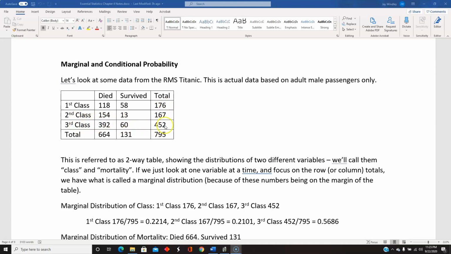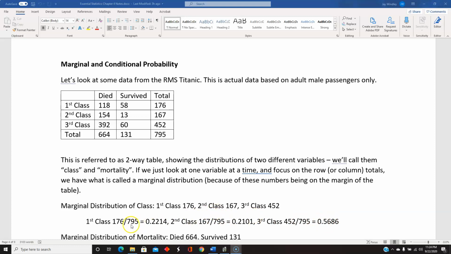Or you could divide all those numbers by the grand total to get more of a relative frequency or a proportion or a percentage. 22% of the passengers are first class, 21% second class, 57% third class.